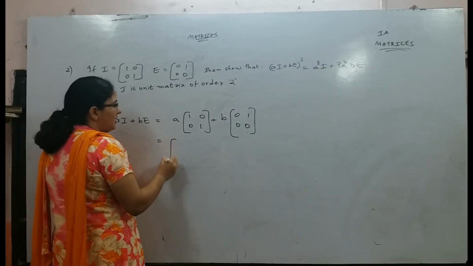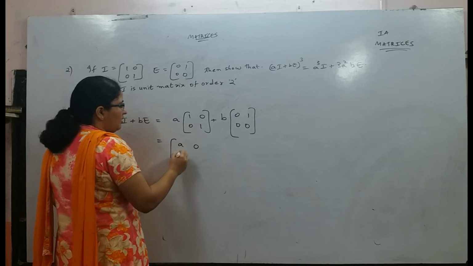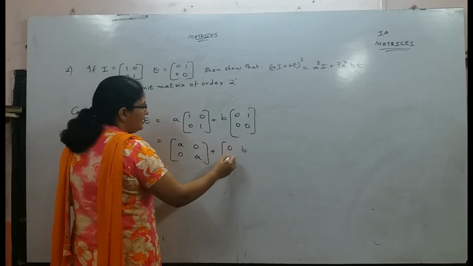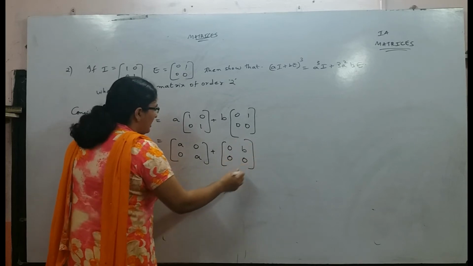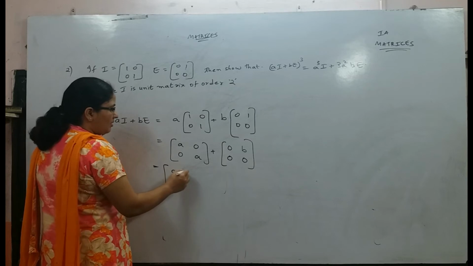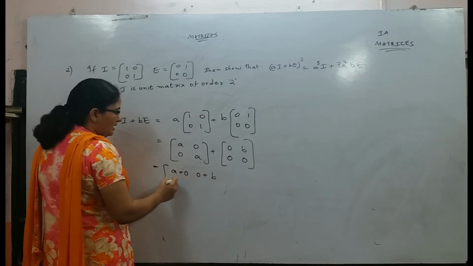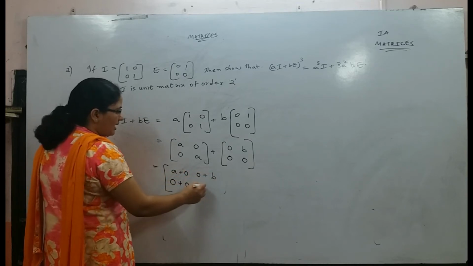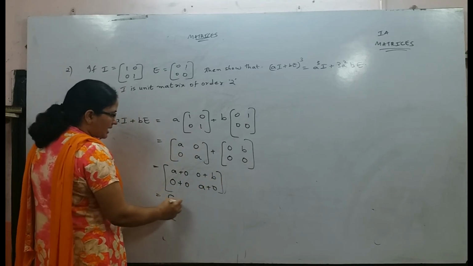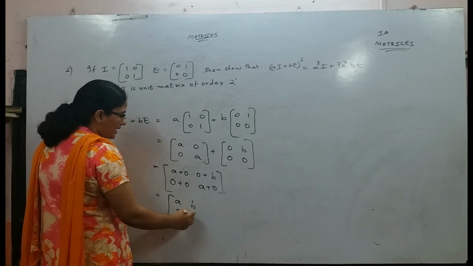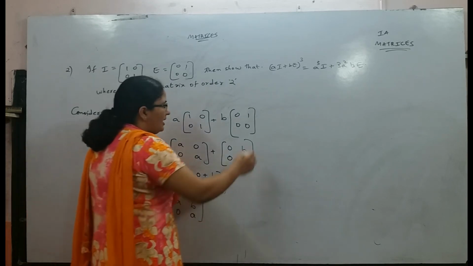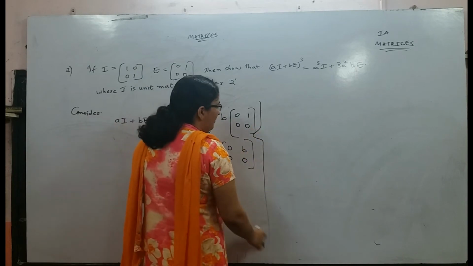So that is nothing but A00A plus 0B00. AI plus BE is what? A plus 0, 0 plus B, 0 plus 0, A plus 0. That is AB0A. This is AI plus BE. You have to find AI plus BE whole cube.